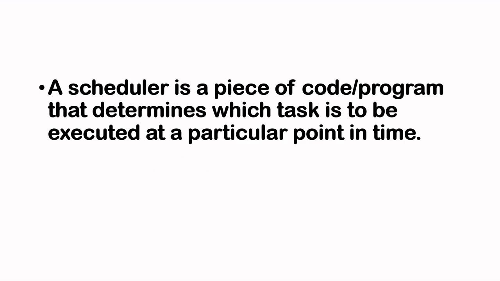Now, a scheduler is a piece of code or program that determines which task to be executed at a particular point in time. A task here is basically a smaller piece of code that executes in an operating system or an OS.